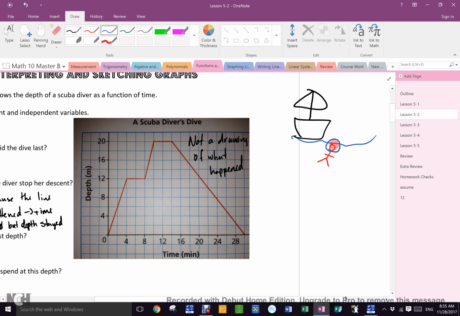No. What really happened is she went, did she go on an angle downwards? No. She probably went, whoop. And then what did she do there? She took a break, took a rest. There, that's where she saw Dory. Then she went, whoop, down to 20.